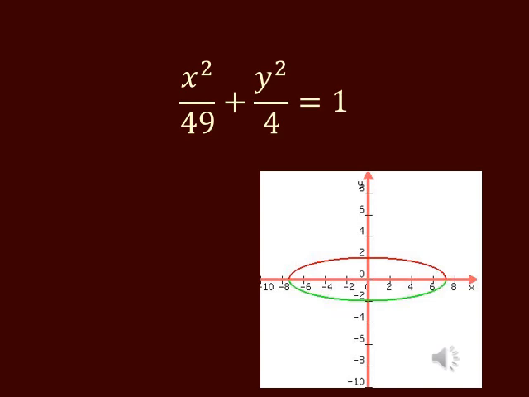So on top I just have x squared and y squared. Again, you could put minus 0 with each of those, but there's really no reason to. We go across 7 and up and down 2. This is marked in 2's. And that's why my equation is x squared over 49 plus y squared over 4 equals 1.